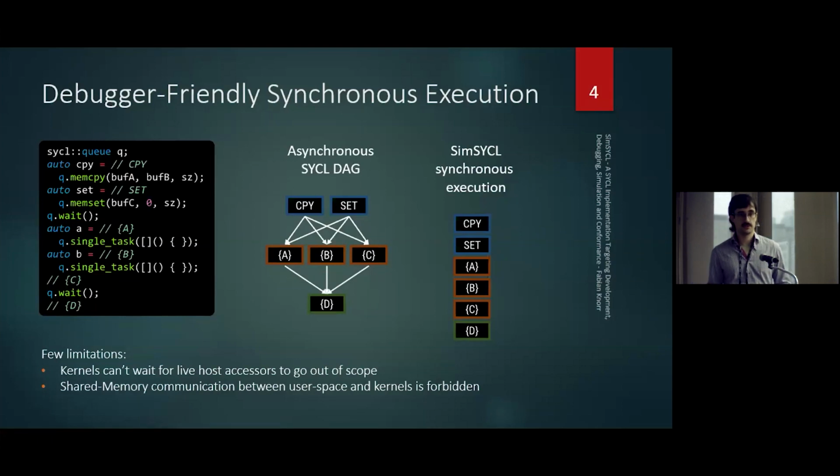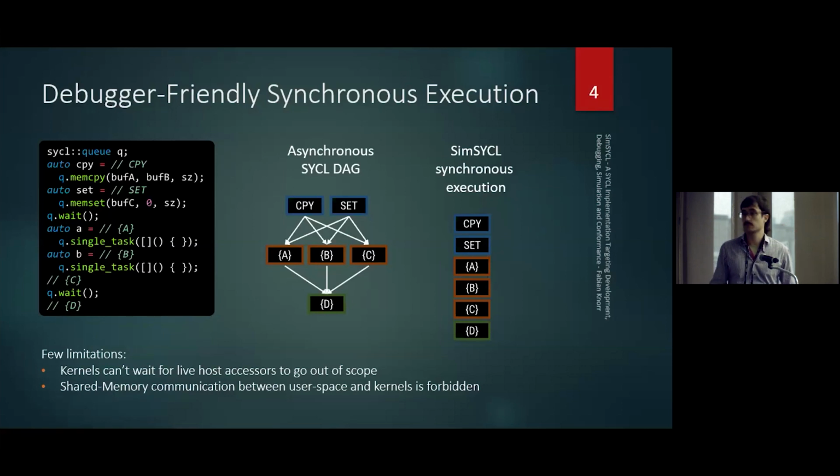So we can do either concurrency, task parallelism between these kernels, or we can execute them sequentially, and that's up to the SYCL implementation. And now what SimSYCL does in this case is simply execute every SYCL operation from top to bottom. Since through SYCL events and accessor dependencies you can only ever create dependencies upwards and never downwards in the order you write the code, you can simply execute from start to end and never introduce any kind of deadlock with that.